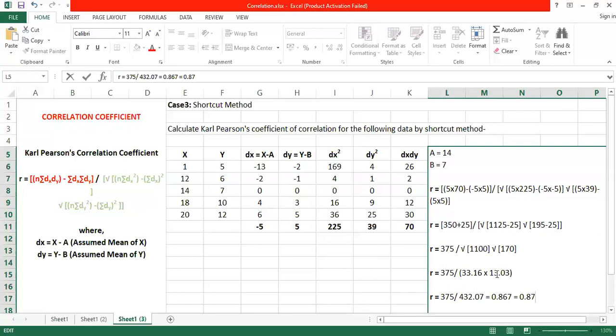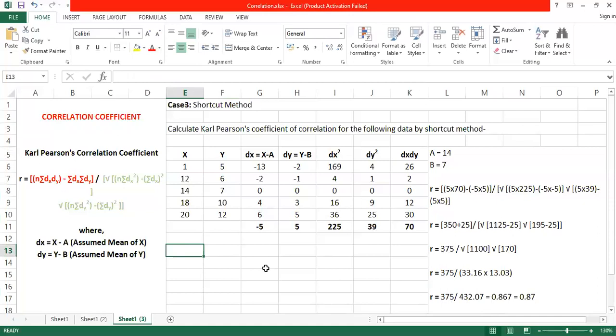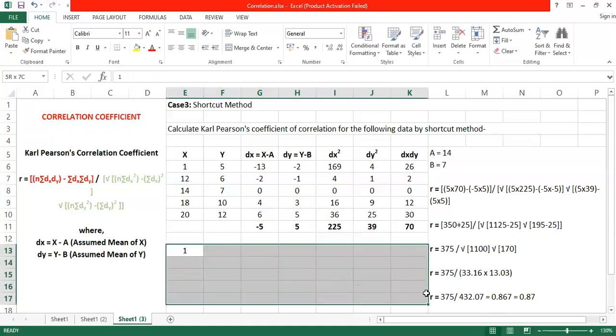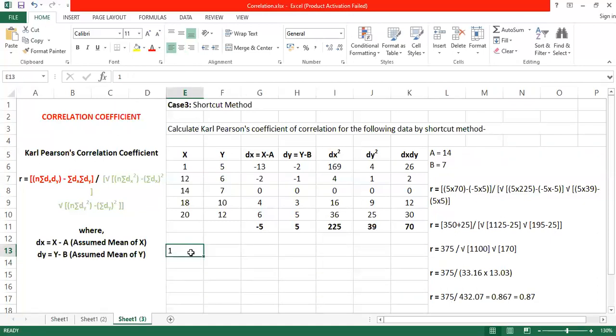So this is our value of R. Now, as we know, we are supposed to answer three things. First, X and Y are related, as the value of R is not 0.